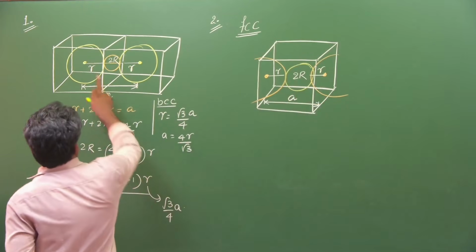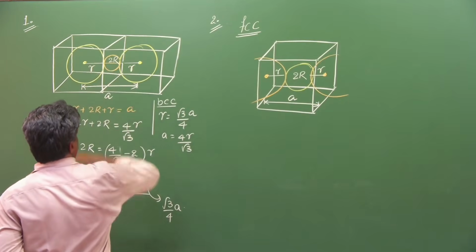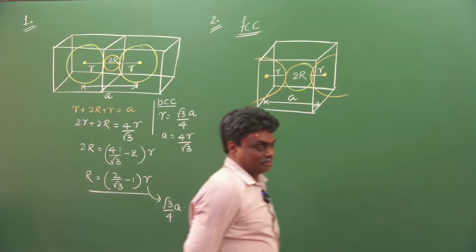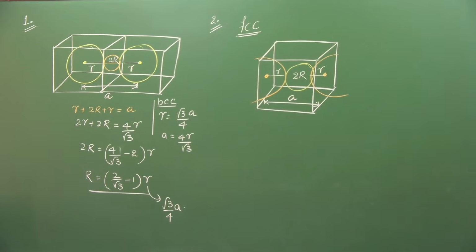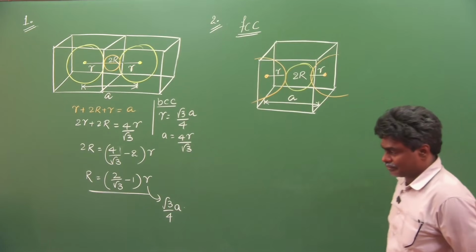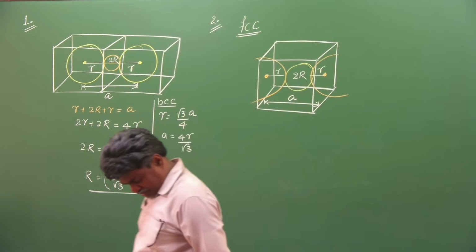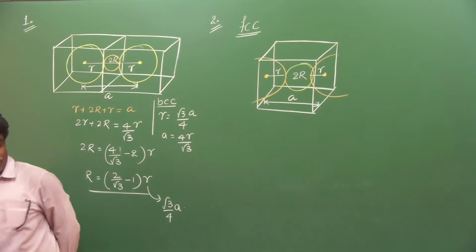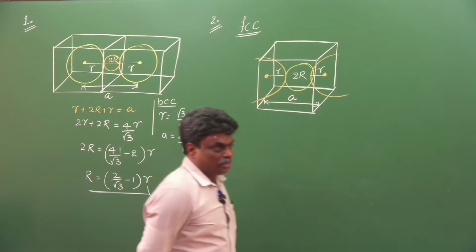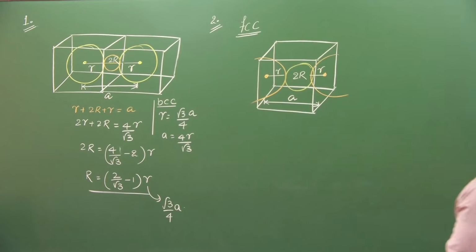Earlier in BCC, 2 successive atoms of BCC. Answer: root 2 minus 1 into r, that is 0.414 r.